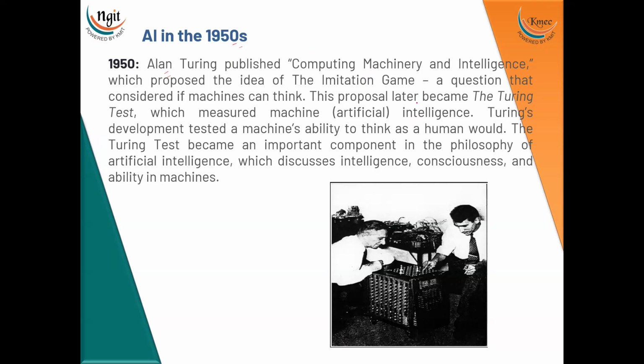He developed and tested a machine with the ability to think like a human. The Turing test became an important component in the philosophy of AI, which discusses intelligence, consciousness, and ability in machines. So this was the starting step of AI in 1950 by Alan Turing, and what he developed is the Turing test.